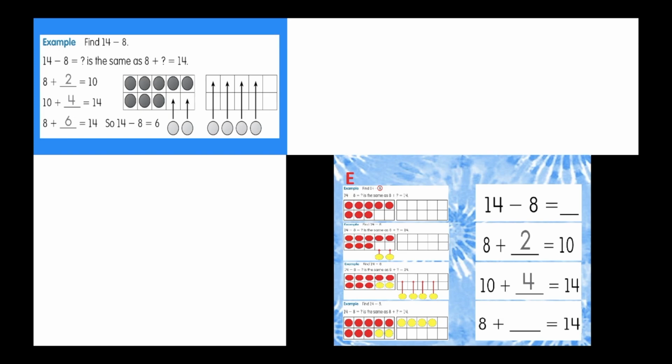So I started with 8 counters and I needed to get to 14. So I added 6 counters to my 10 frames to make 14. I can now represent that in my addition sentence and can also complete my subtraction sentence of 14 minus 8 equals 6. Great job!